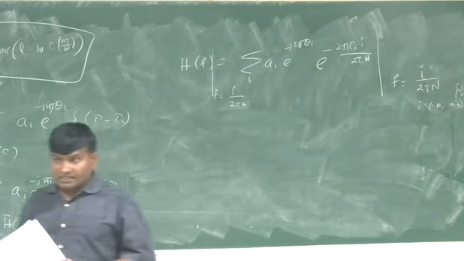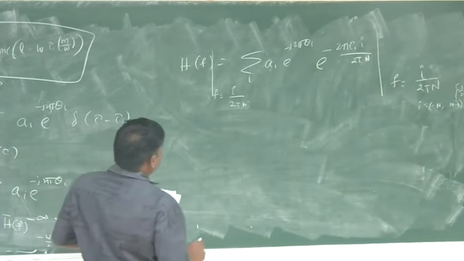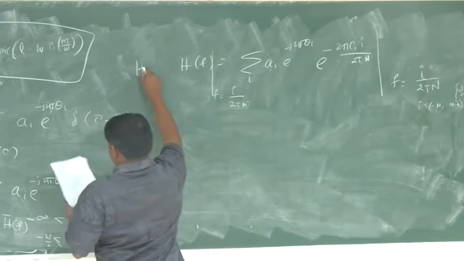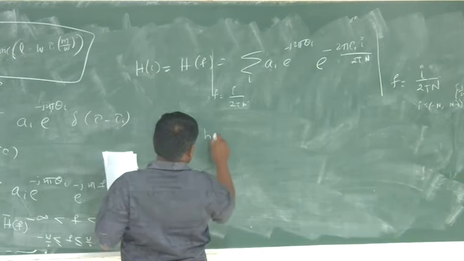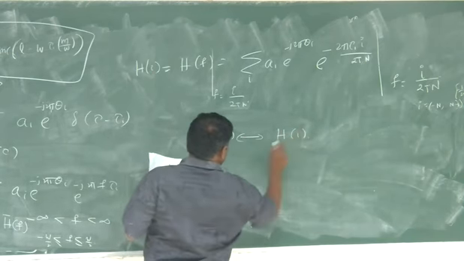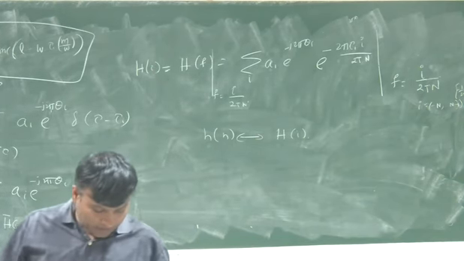Now we discretize h of f. Now we take the IFFT of h of f. This is a function of h of i, right? Take the IFFT of h of i, that gives you h of n. So what do you get as h of n here?